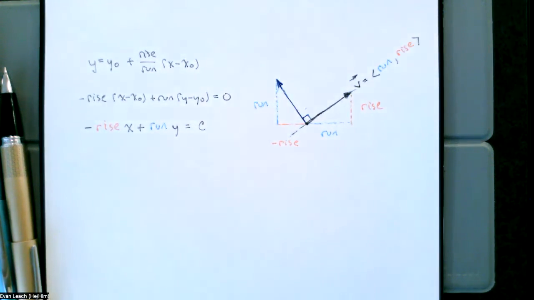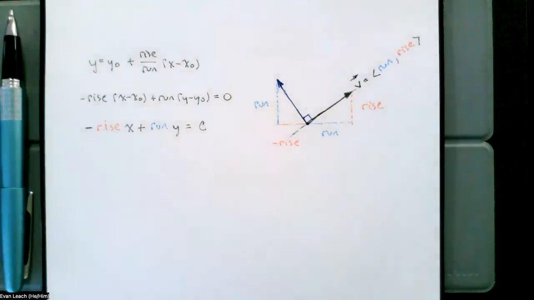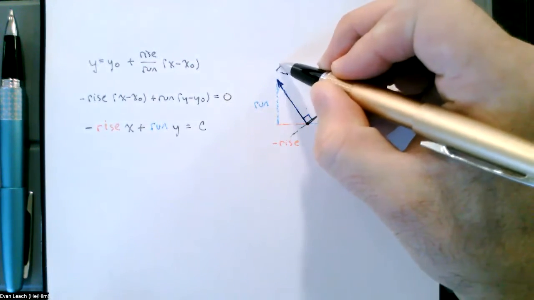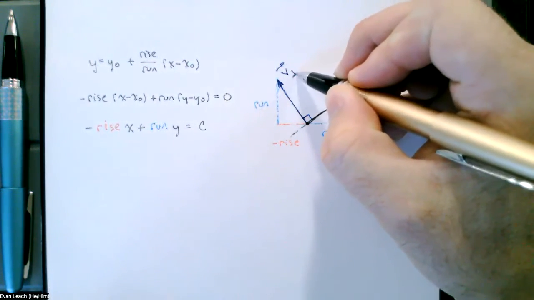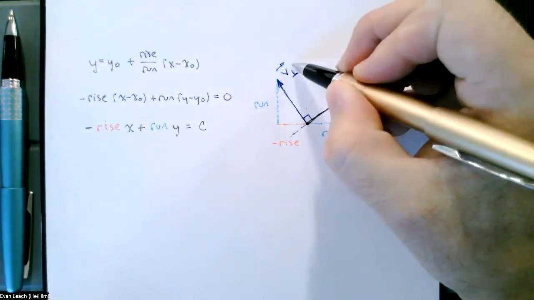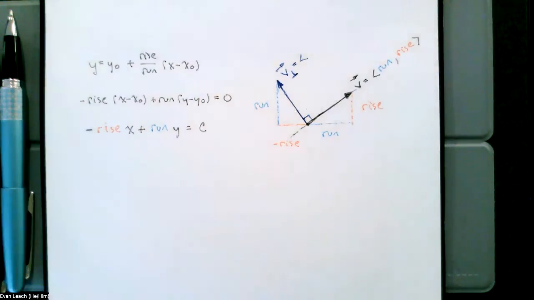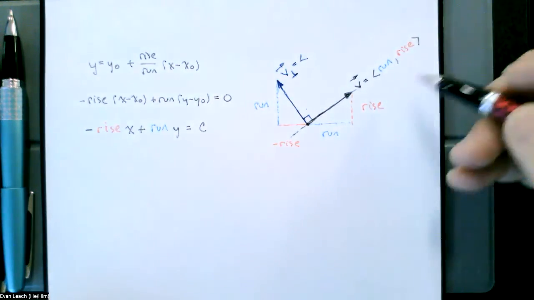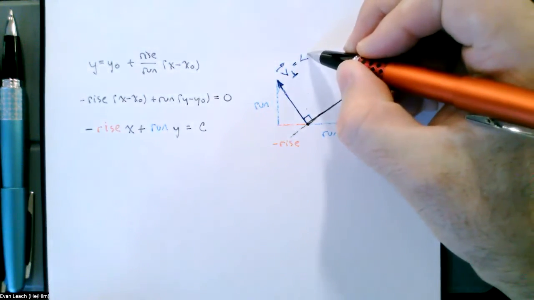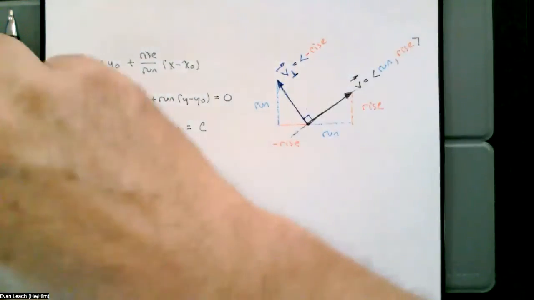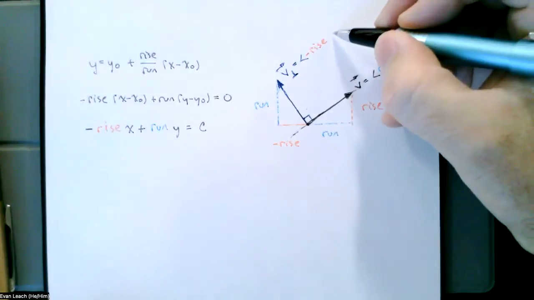And so notice that that vector that's perpendicular is related to our original vector. The x coordinate or the horizontal component is the minus times the minus the rise and the run.